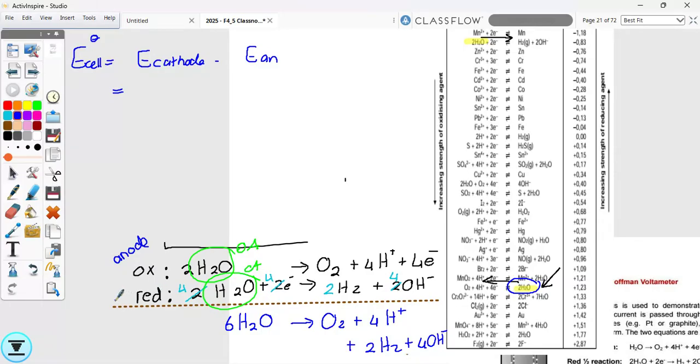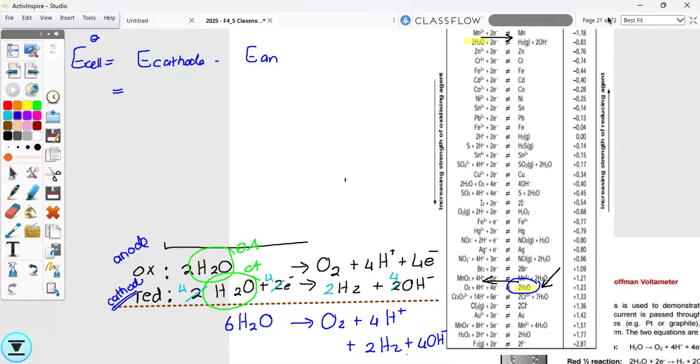Reduction happens at the cathode. So which one will be the cathode one? Top or bottom? Yes, so the bottom one of my reactions that I wrote down, yes. So this is going to be the cathode.